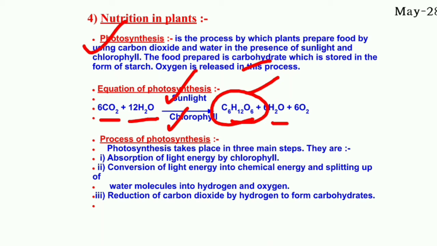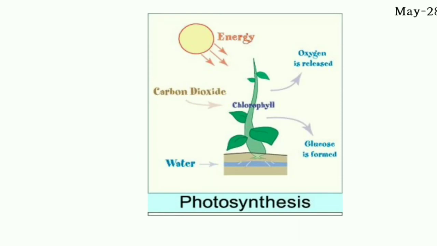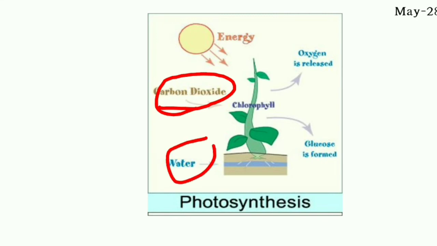Now, what exactly does the plant require for the process of photosynthesis? Yes, it needs carbon dioxide and it needs water. Carbon dioxide is present in the atmosphere, whereas water they can get from the soil.